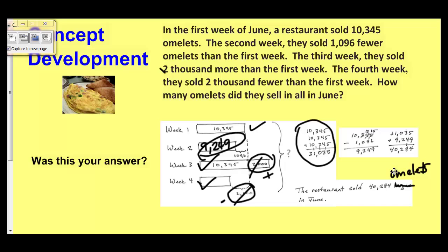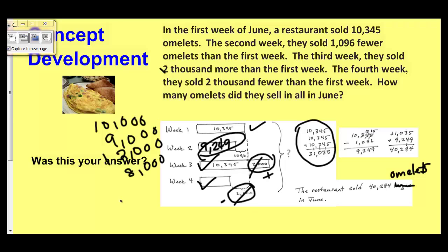So let's go back and take a look at this. For week 1, I could say that they sold about 10,000 omelets. Week 2, they sold about 10,000 minus 1,000, which will be 9,000. In week 3, they sold about 10,000 plus 2,000, which would be about 12,000. And then in week 4, they sold 2,000 less than 10,000, which would be 8,000.